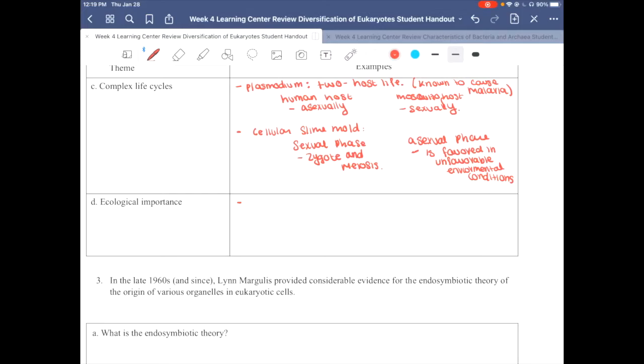Yeah, the comment says, I think I remember something about carbon. Yeah, that's kind of on the route that we're trying to go. So, absorptive and fungus-like protists aid in decomposition, and they recycle organic matter compounds. So that's one great ecological importance that they have.